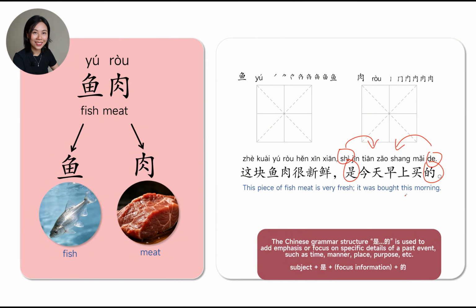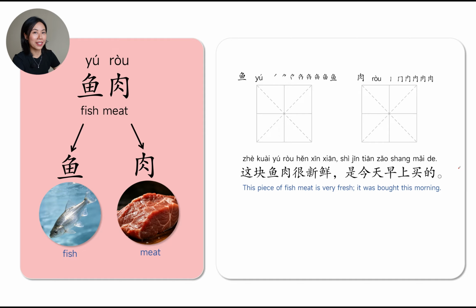For example, in this sentence, we want to emphasize that the fish meat was bought this morning. Because in the first part of the sentence, we say the fish meat is very fresh, right? And we just want to emphasize, I just bought it this morning. So we put it between the 是 and the 的. That's it. I hope it makes sense to you.